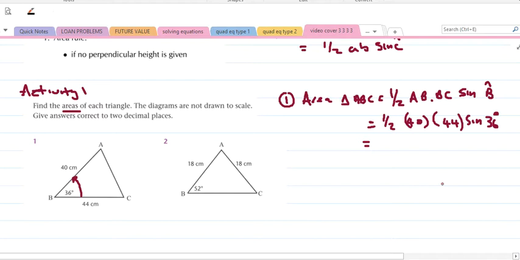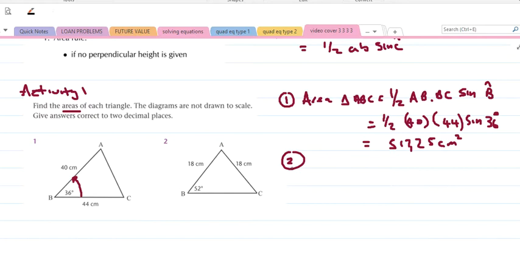Out come our calculators, and if you press this into our calculators, we get 517.25 centimeters squared. A basic standard application of the area rule, which I'm sure you must get right and get full marks for that.